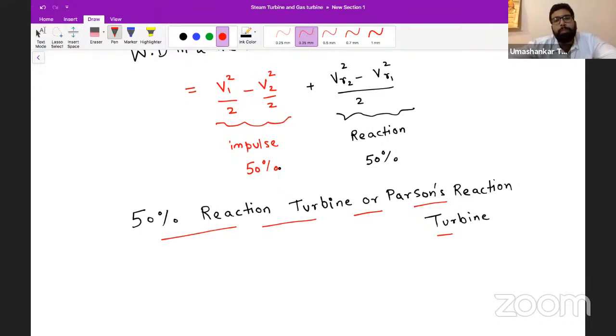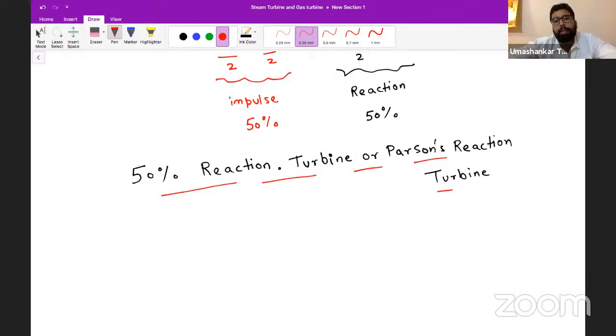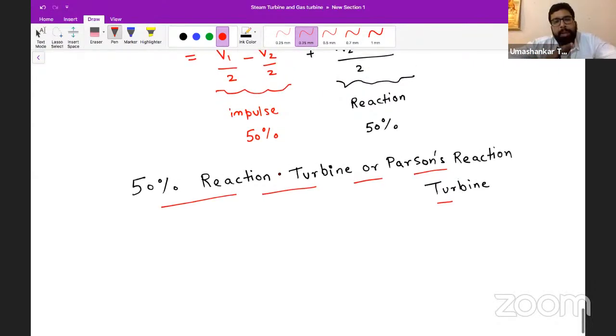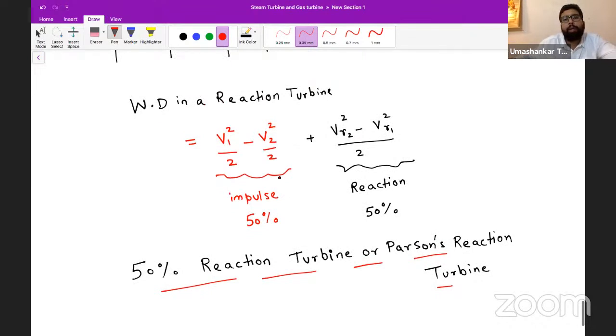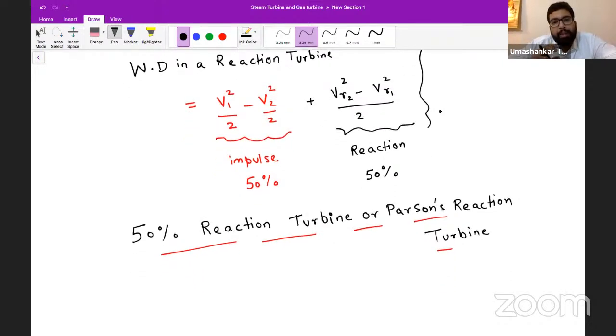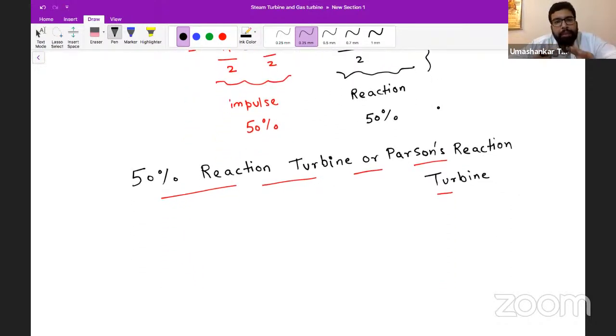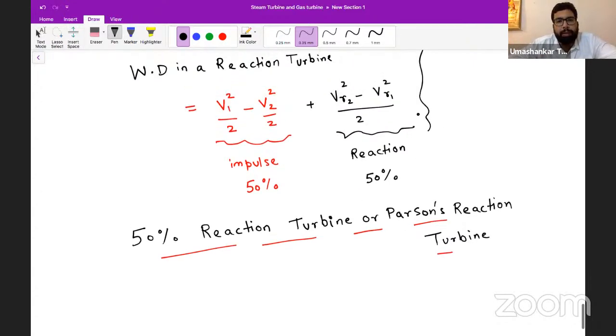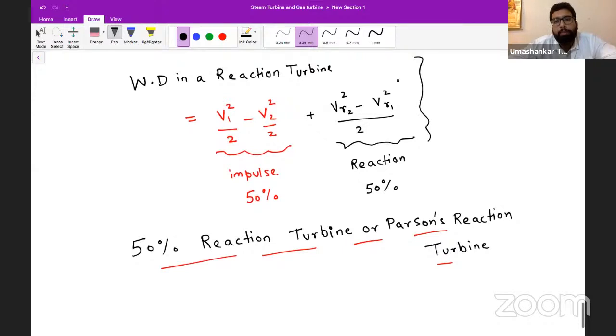I am talking about a general reaction turbine, but if it is a Parsons turbine, then the reaction will be 50% and the impulse will be 50%.